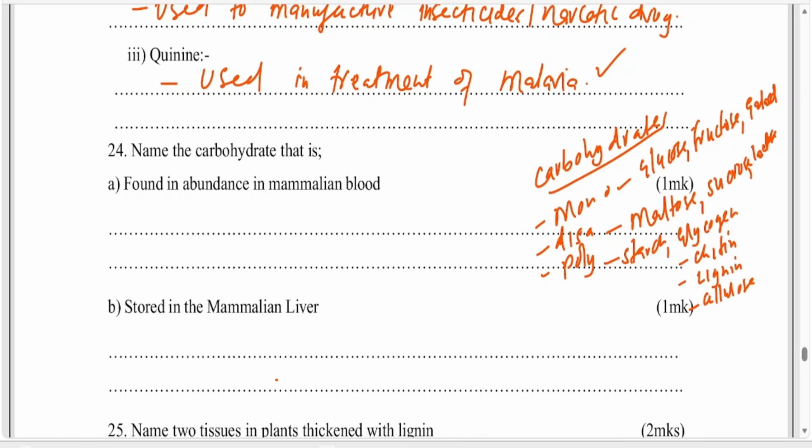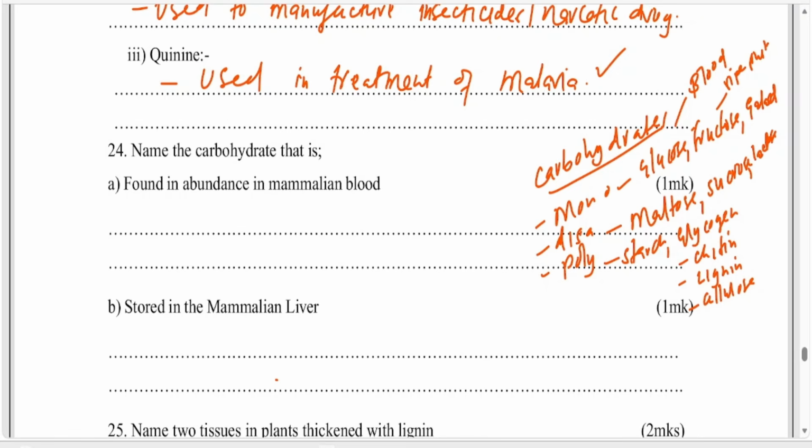Glucose, which is a carbohydrate under monosaccharides, is abundant in mammalian blood. Fructose is abundant in ripe fruits. Galactose is abundant in milk. Maltose, sucrose, and lactose, because they are products of monosaccharides, we will not mention where they are abundant.